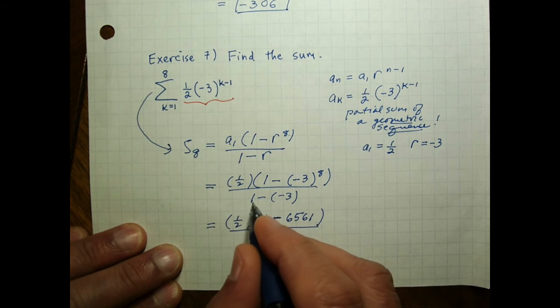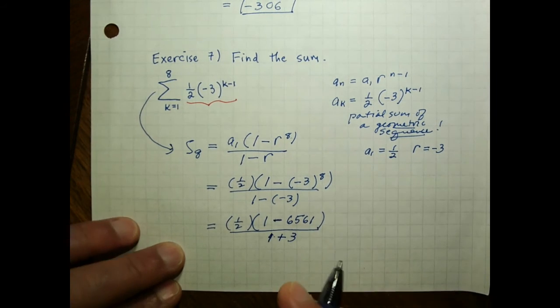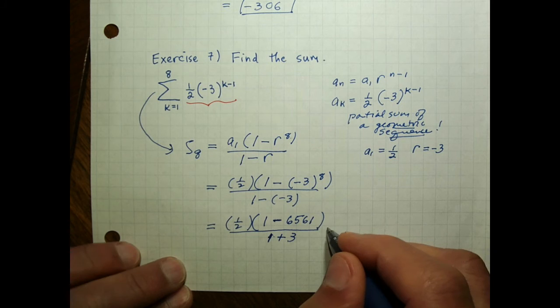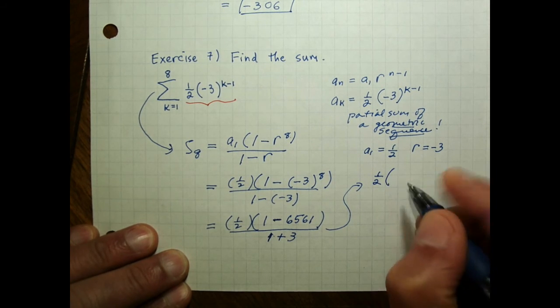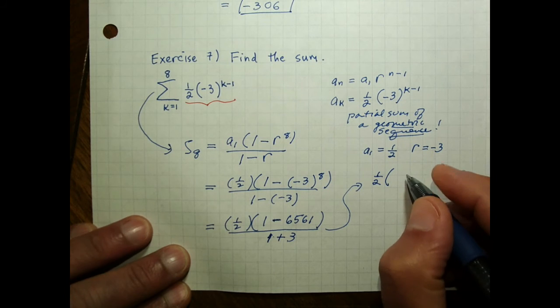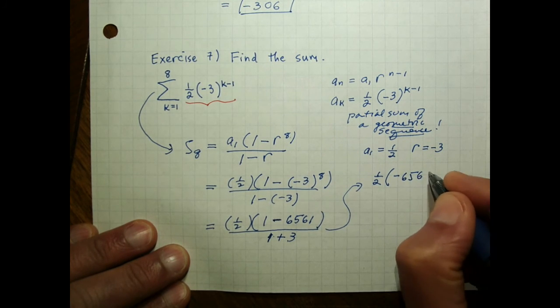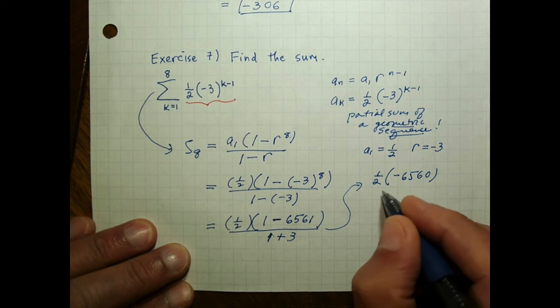And down below where I have 1 minus a negative 3, maybe I'll write it out as just 1 plus 3 for emphasis, because there we do have a double minus sign. So I got 1/2 times negative 6,560 when I do the subtraction, over 4.